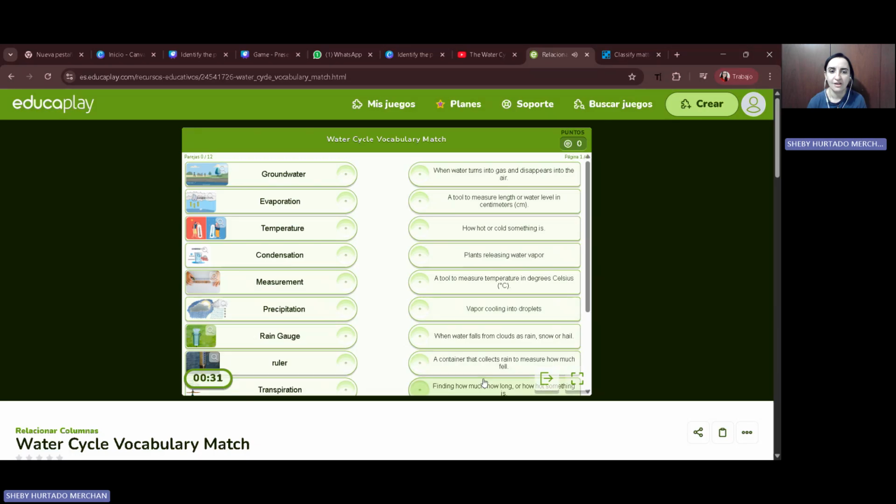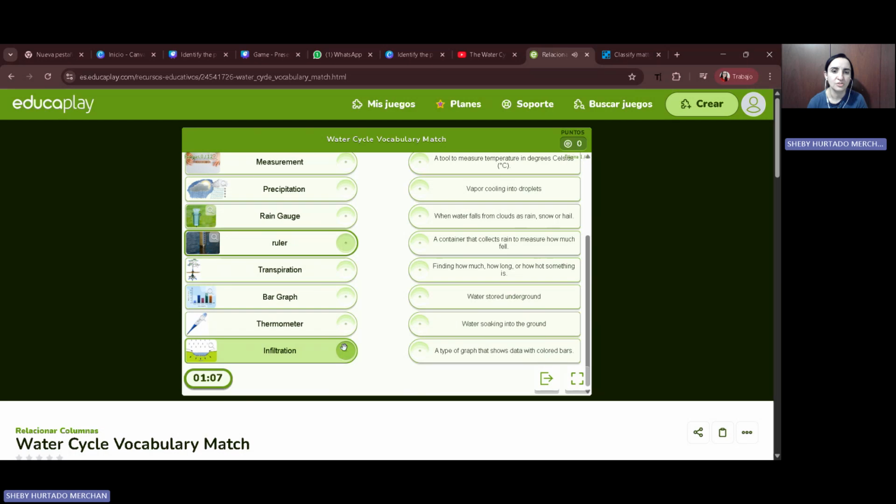Vapor. Okay, condensation. A tool to measure temperature in degrees Celsius. Thermometer.